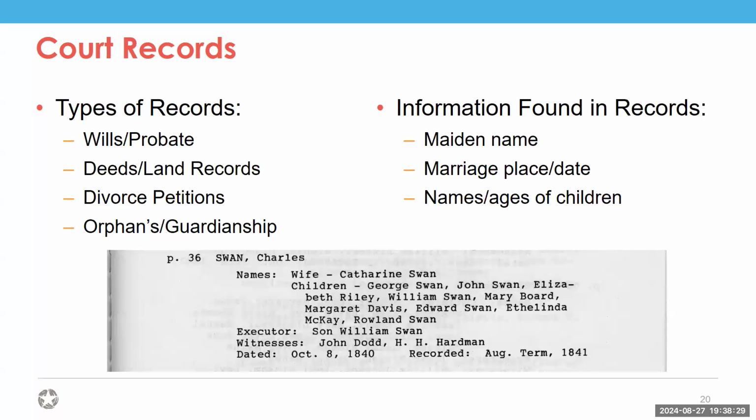Divorce petitions are a really interesting record. Up until the mid 1800s, divorce was a legislative action and then turned judicial. Sometimes women could even petition for divorce, even if the divorce wasn't granted.